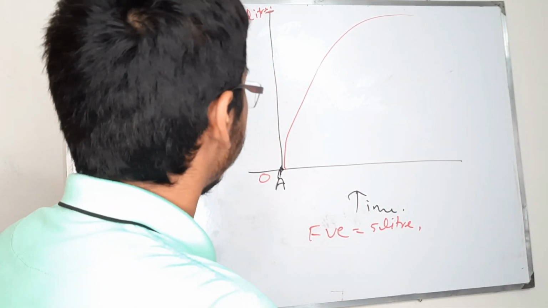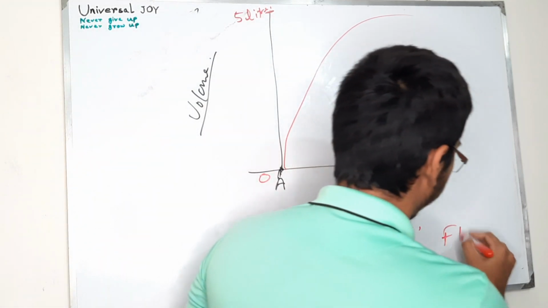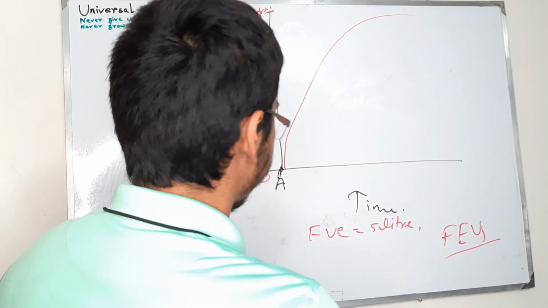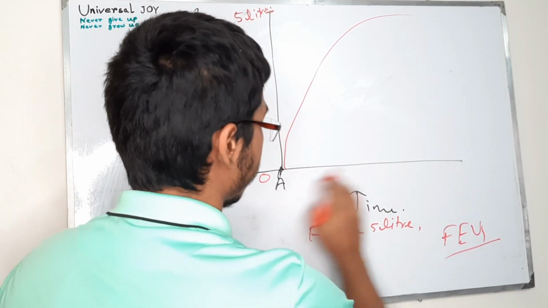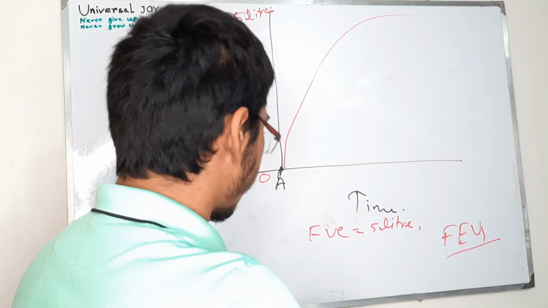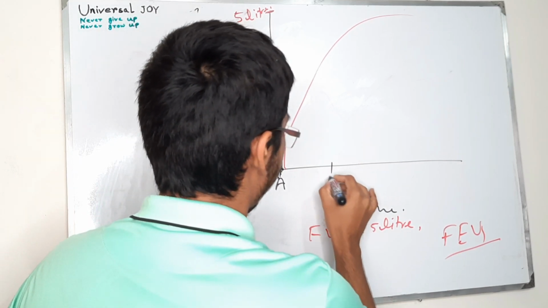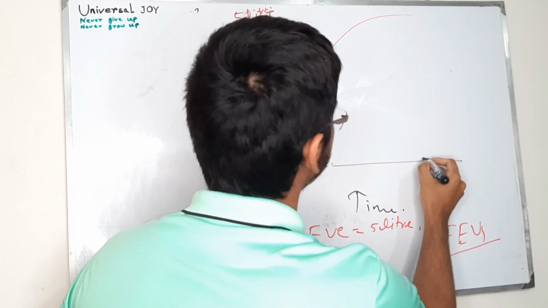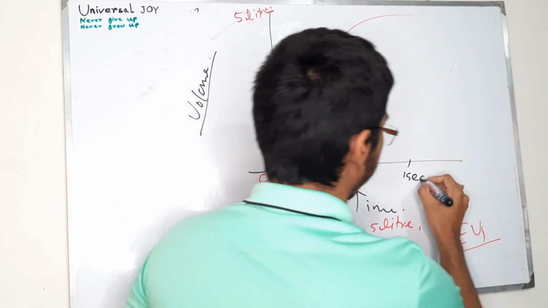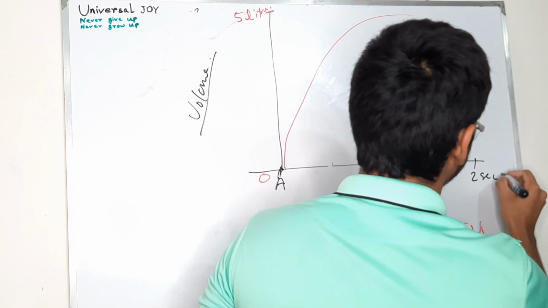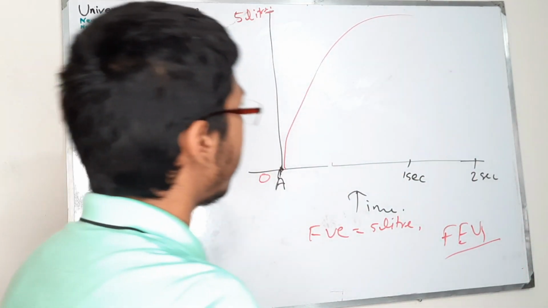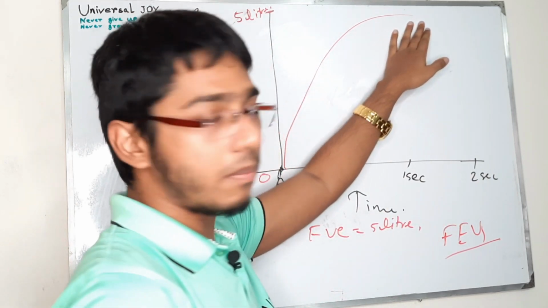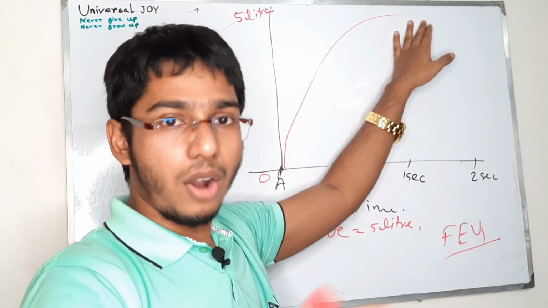Now what is FEV1? Forced expiratory volume. As I've already mentioned, across this x-axis I'll be plotting time. Let us suppose this is after 1 second, and this is after 2 seconds. Now you can see that within 2 seconds I've thrown out my entire 5 liters out of my lung.